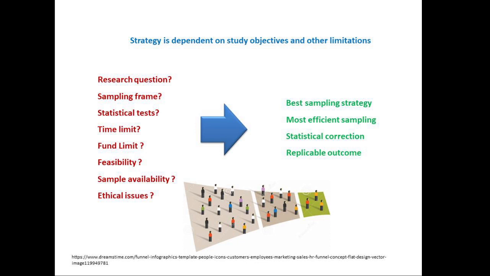Nothing in biological science on human beings can you do without an ethical guideline. So these are the most important things that determine the strategy of sampling and how to perform it. A study on, let's suppose, fetal growth is not feasible all the time.